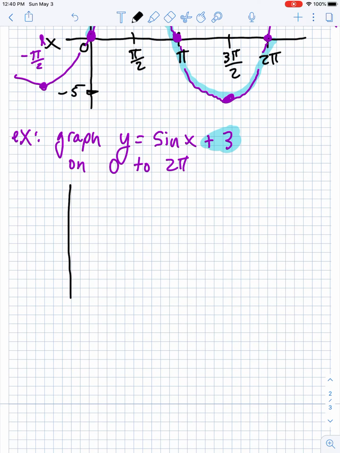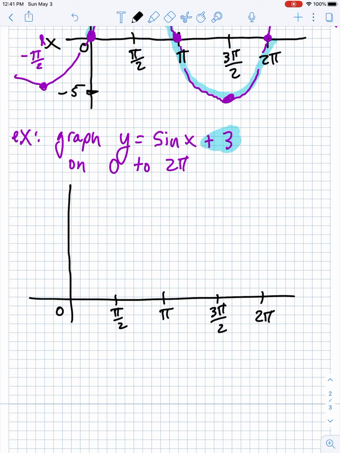So if I were to sketch my x, y axis like this, here's 0, 2 pi, pi, pi over 2, 3 pi over 2. I do this thing sometimes where I call them training wheels. Here's how training wheels work. The midline that's normally on the x-axis has been shifted up by 3.